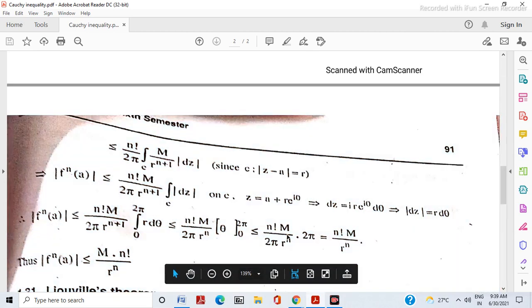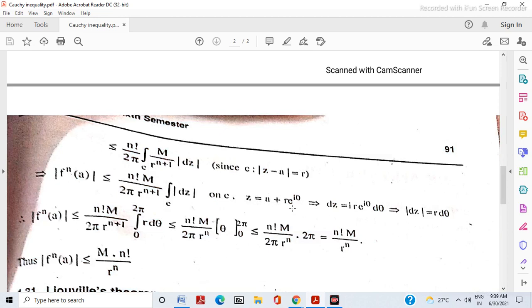That means z equal to a plus R e power i theta. Then dz, when you differentiate, equals i R e power i theta d theta.